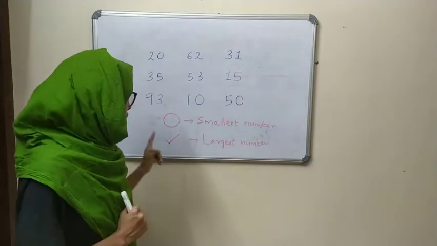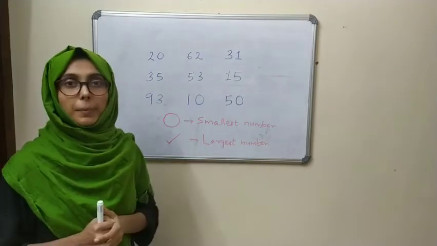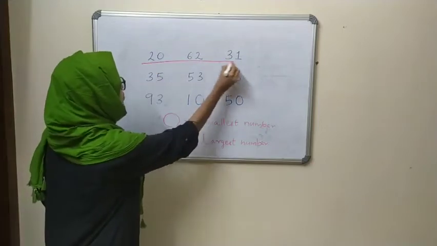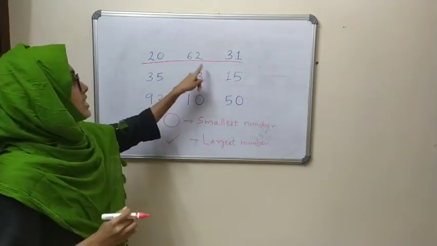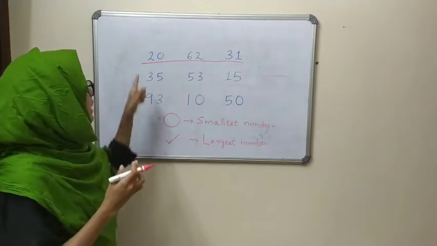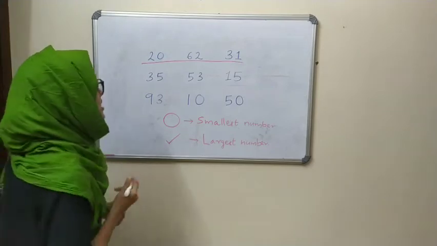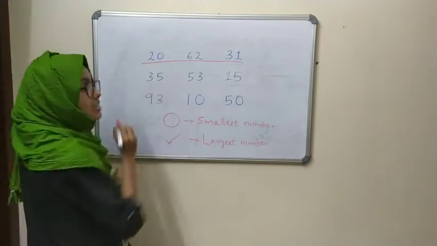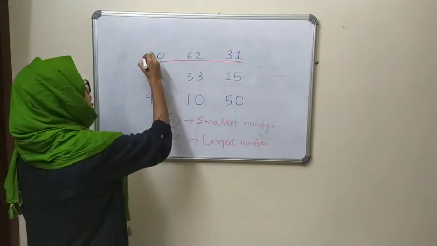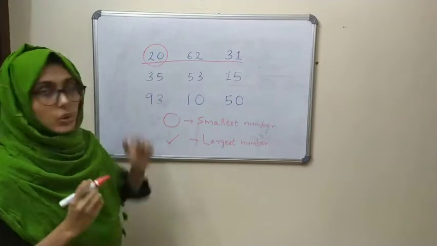And you want to put a tick to the largest number in each row. So look, this row, there are 20, 62 and 31. So which is the smallest number here? Yes, 20 is the smallest number. So I am going to put a round to the 20.